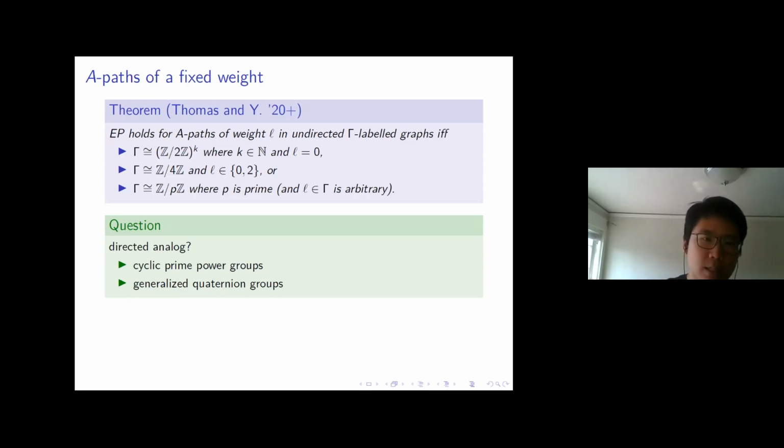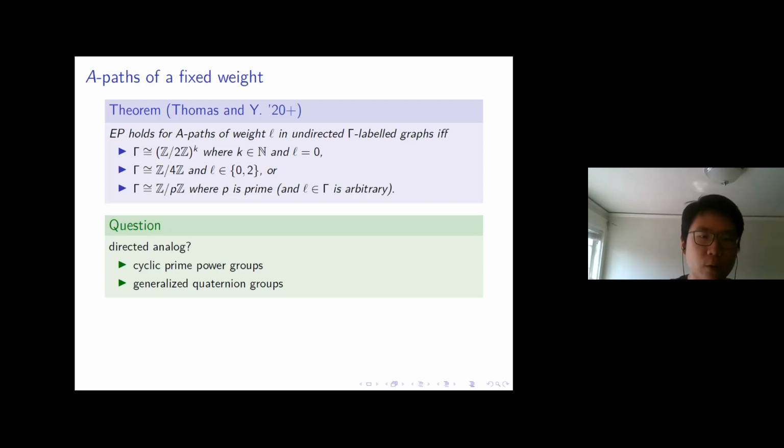Okay, and it turns out that the same construction also works in the directed setting. So we can also apply this group theoretic fact, and we only have to look at the two cases of cyclic prime power groups and the generalized quaternion groups.